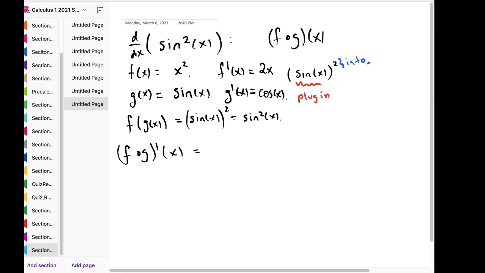It's f prime of g of x times g prime of x. F prime is 2x, so it's 2 times g of x, just sine. This is plugging in g, and g prime is cosine. Oh, so not 2 sine x, we mean 2 sine of x.